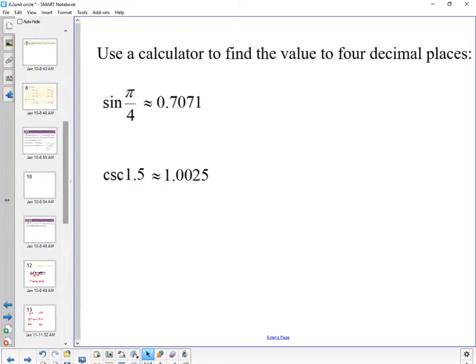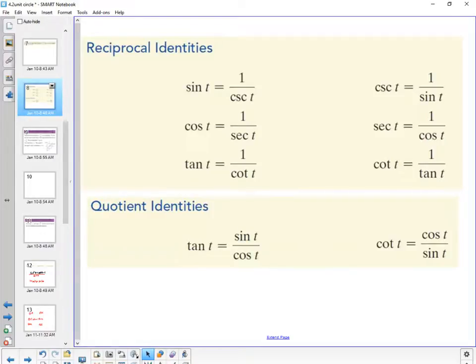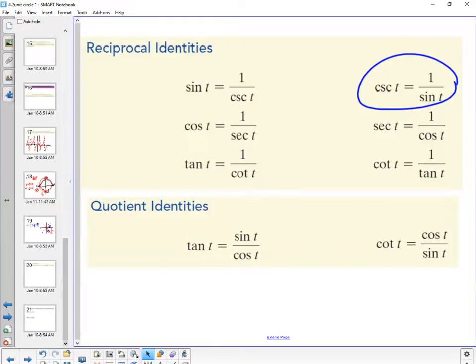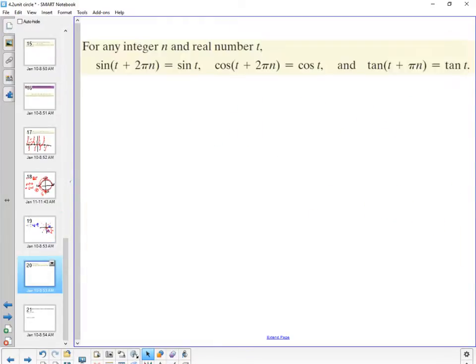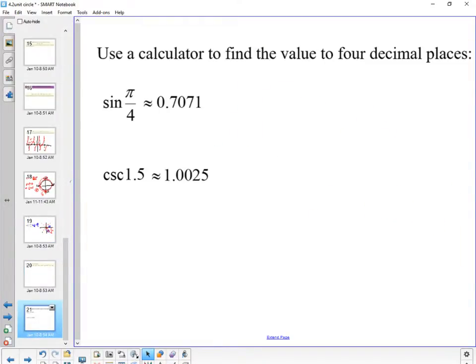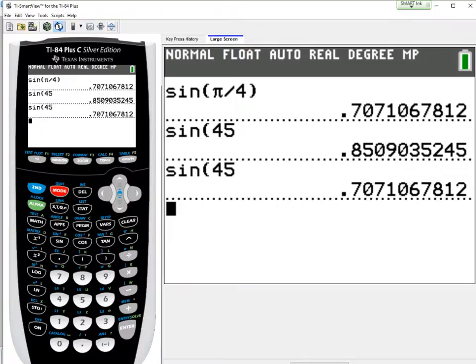Here they are. Cosecant is simply 1 over sine, 1 over whatever. Right? Yeah. So if we want to do, all the way down at the bottom, it was like 21. So if we want to do 21, we're going to go 1 divided by the sine of, what was it, 1.5?